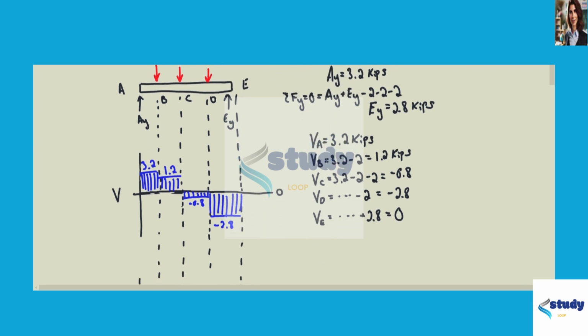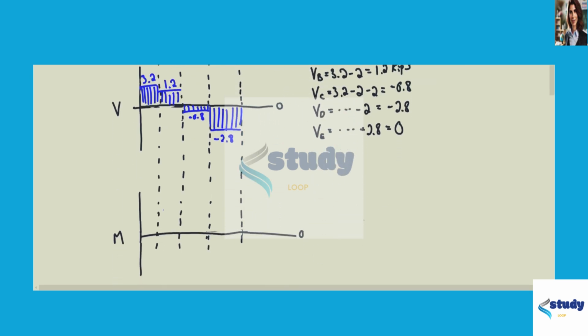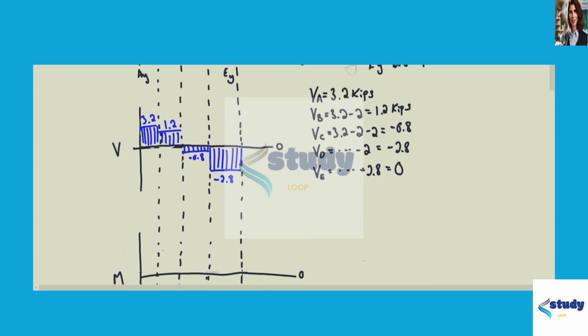Now we're going to calculate the bending moments. The bending moment at A starts off to be 0.